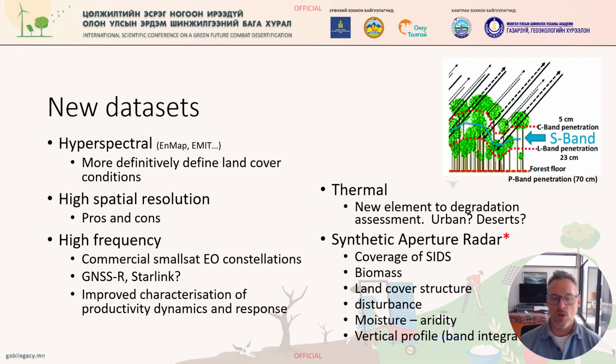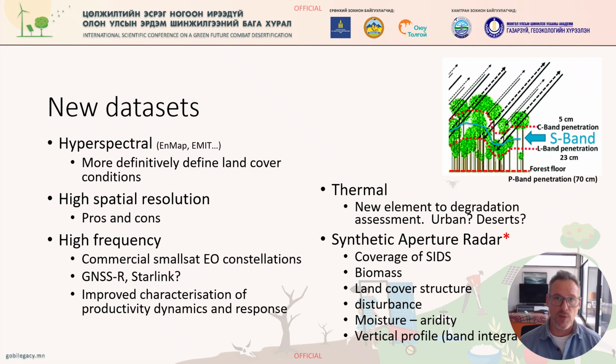There are also opportunities with SAR to look really at vegetation cover dynamics, and if you combine the wavelengths cleverly, then we might be able to look at changes in vertical vegetation profiles, which could help us understand more about where a forest is being degraded by clearing underneath the canopy, for example.